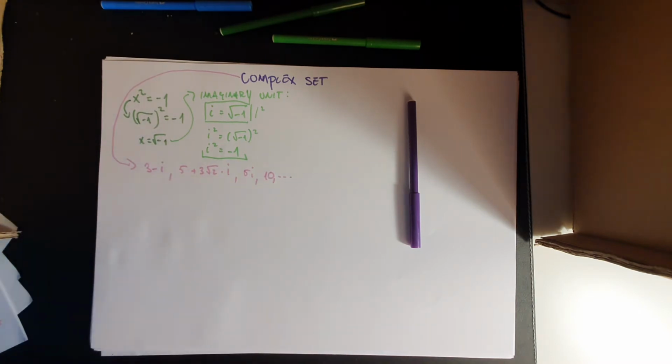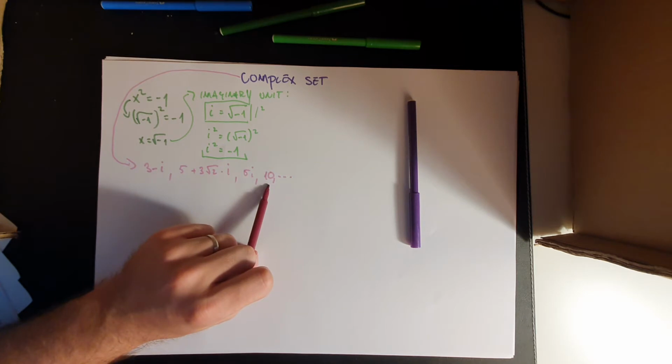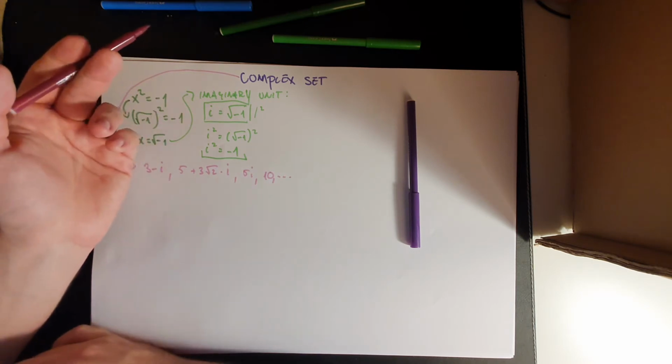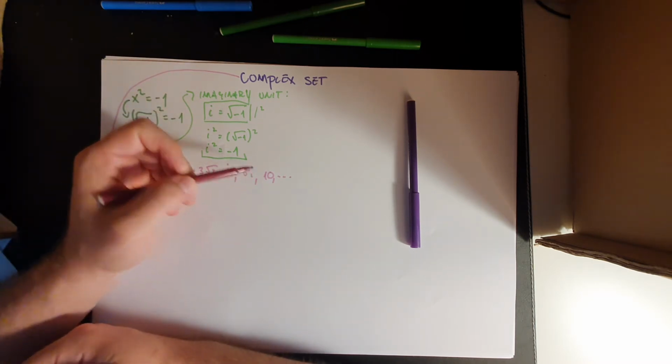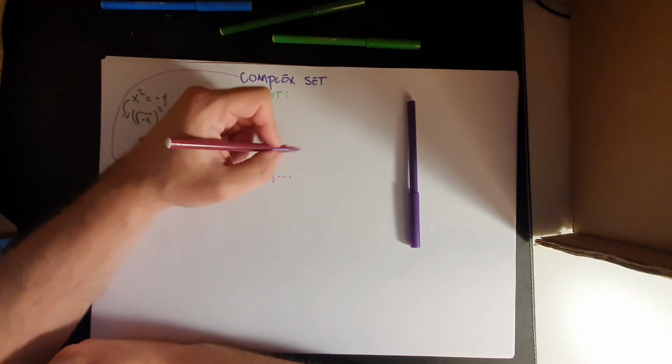Now, some of them are familiar to you. I would say, for example, the number 10. Why is the number 10 part of the complex set? It's a natural number, we used it before without any issues. It's a real number, nothing specific about it.